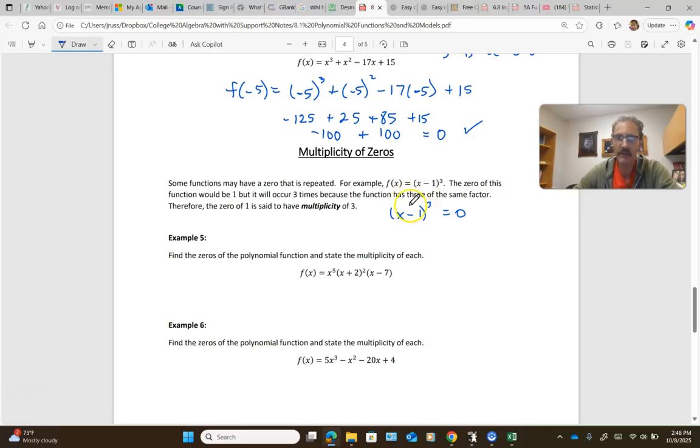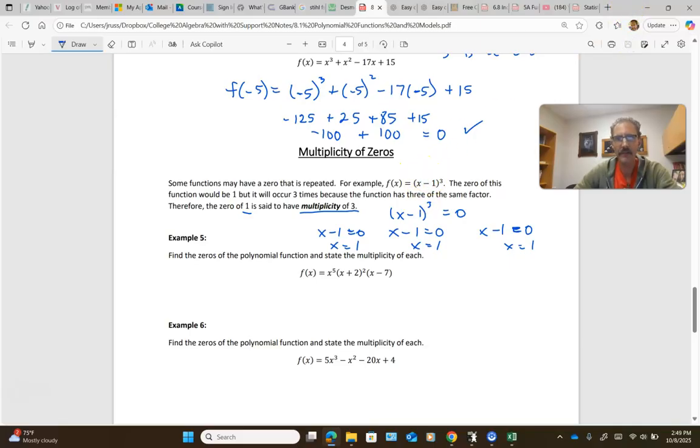But since this one's already factored for us, we set each of those factors equal to 0. And because I have 3 of them, what am I going to get for my zeros or my solutions? Well, I'm going to get positive 1, but it's going to occur 3 times. And so in a situation like this, you say that this function has a 0 of 1 with a multiplicity of 3, because it essentially occurs 3 times, since you have 3 factors that correspond to that same 0.